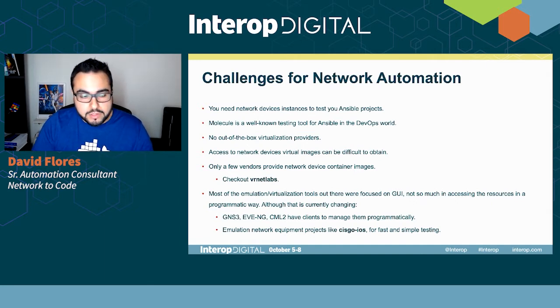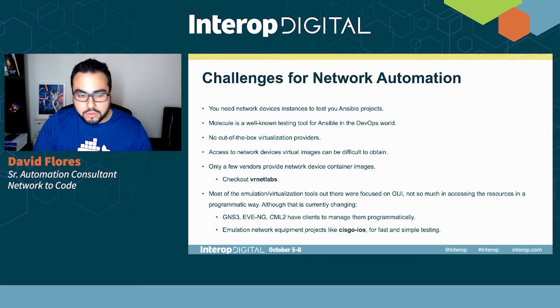I highly recommend it. Most emulation and virtualization tools out there for the network were focused on the graphical user interface. But now they have been evolving, and now we can have either SDKs or some really good REST APIs that we can leverage to access the resources in a programmatic way, the likes of GNS3, EVE-NG, CML2.